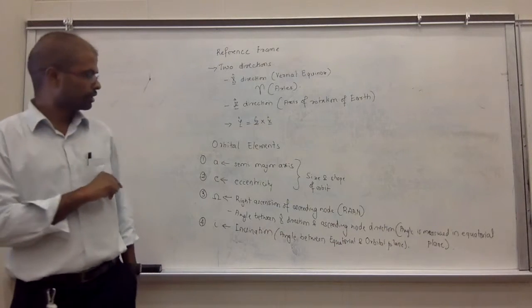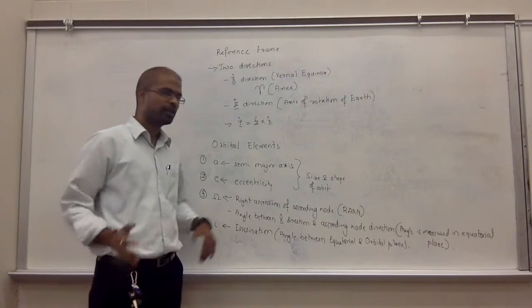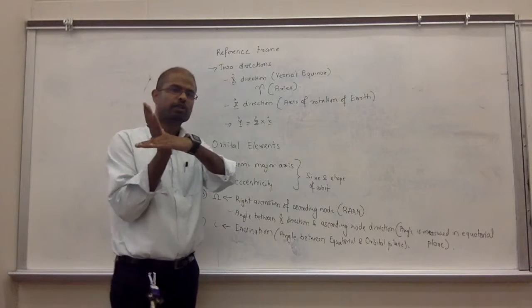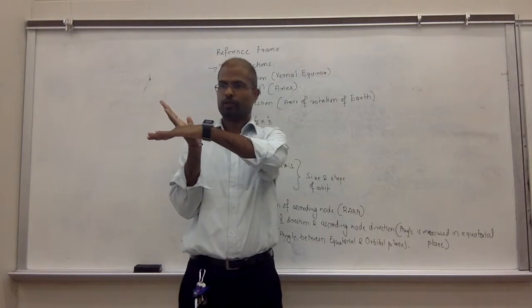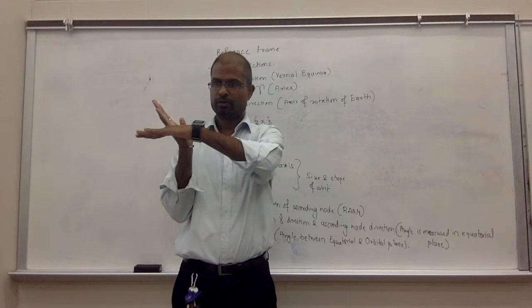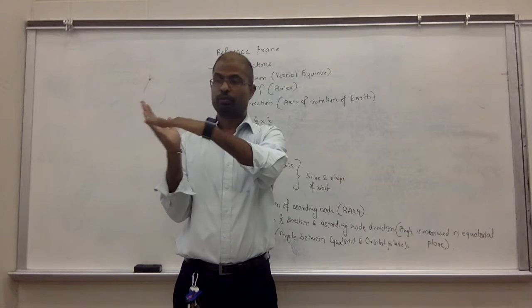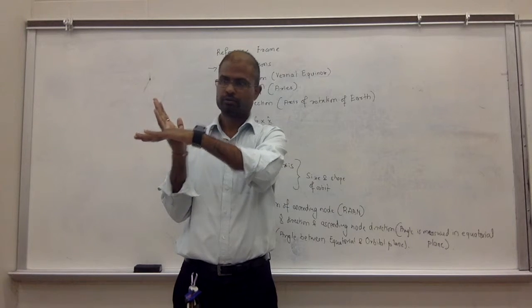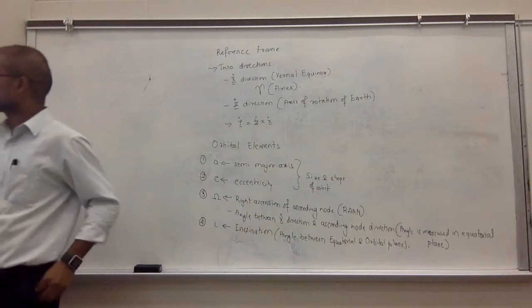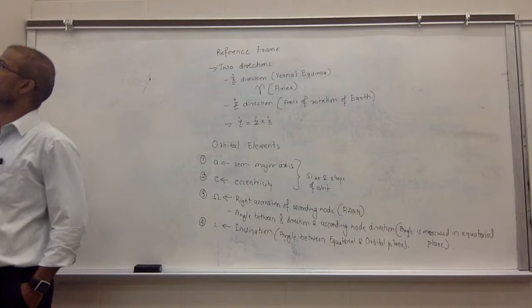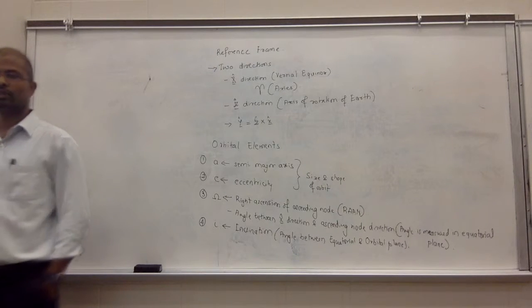So this is the inclination of the orbit with respect to the equatorial plane, but the measurement is made with respect to the perpendicular to the plane. So what is the perpendicular to this equatorial plane?